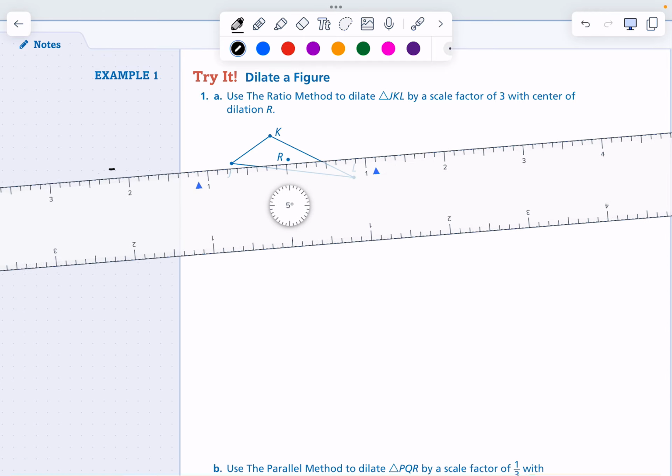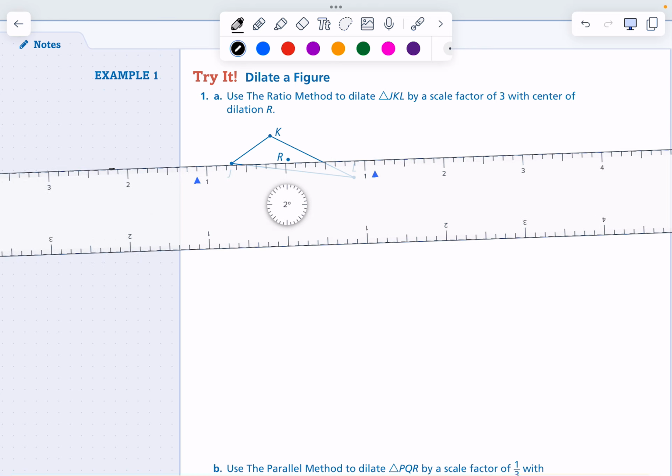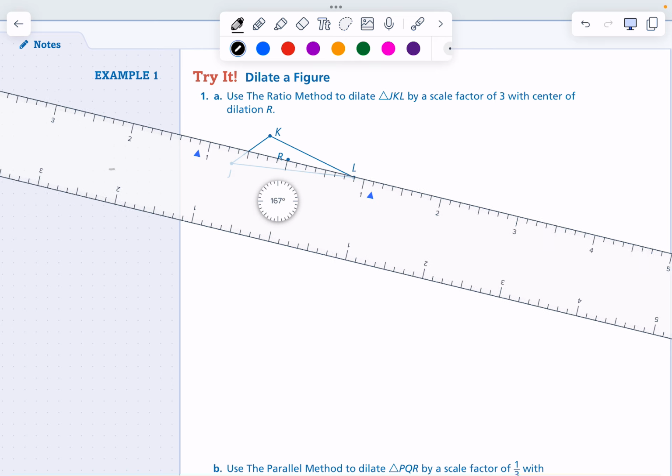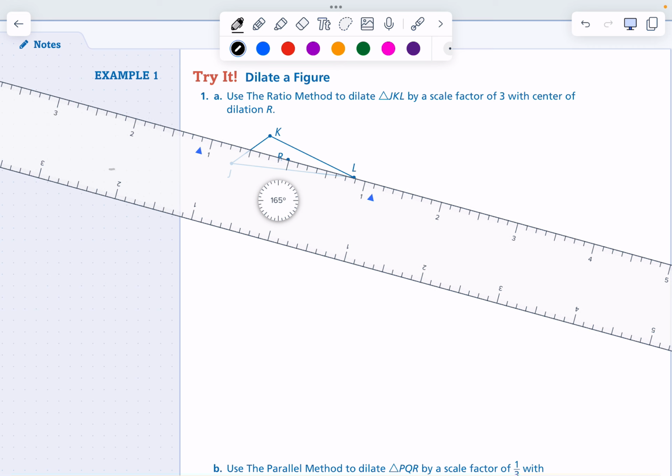Okay, so then what I'm going to do, I'm going to put it at R, and I'm going to measure R to L. I'm going to measure that distance, and then I'm going to triple it. Maybe you want to use the centimeter side. I don't know how to make this in a centimeter, so I'm going to use the inches side.